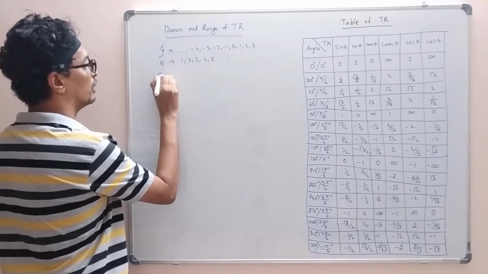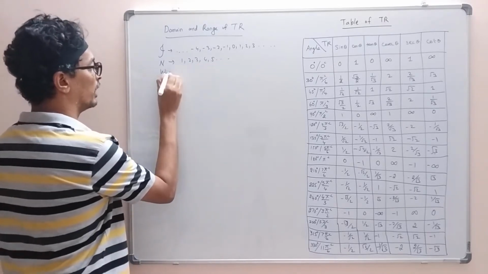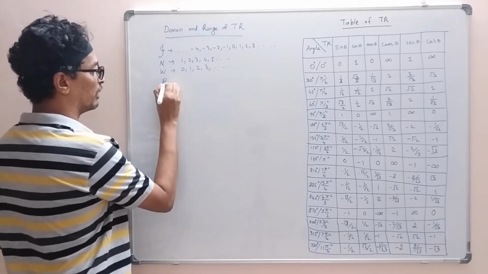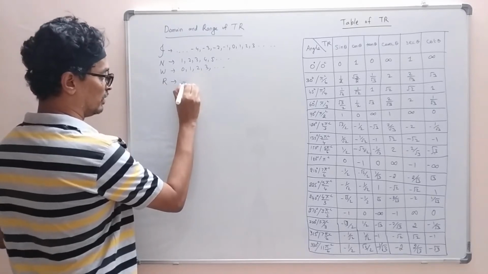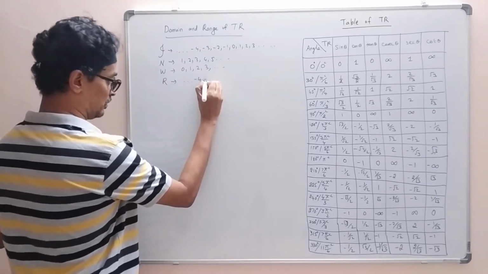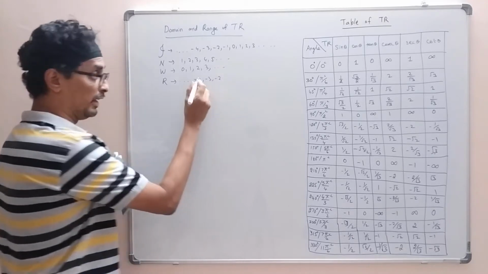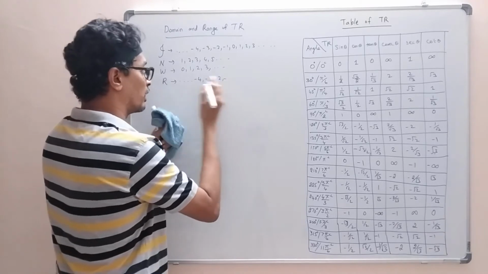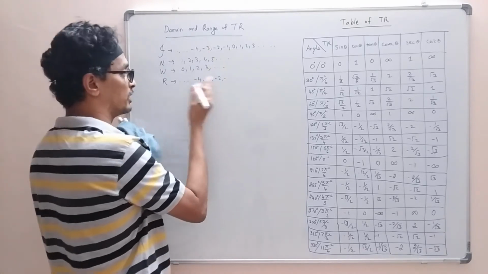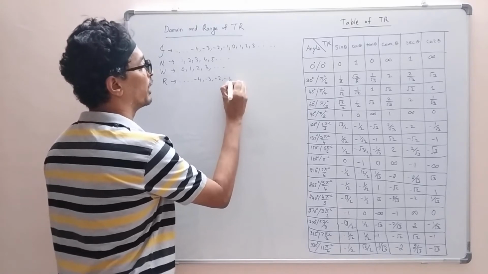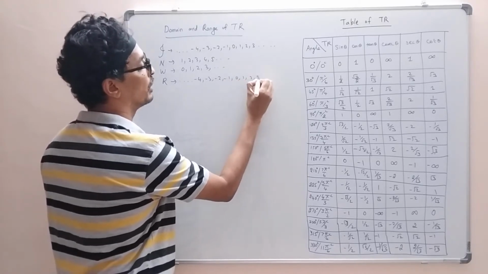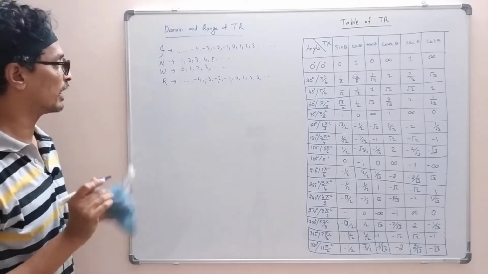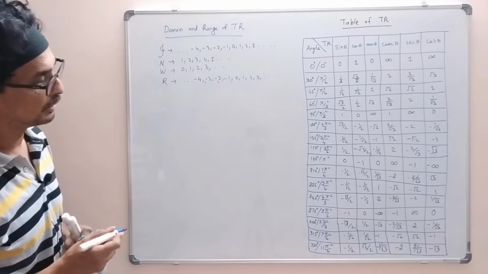Then we have the whole numbers, that is 0, 1, 2, 3, like that. And then we have the real numbers, that is -4, -3, -2, -1, 0, 1, 2, 3, and the fractions in between also. I can't write them all out, as there are infinitely many possible fractions in between. The real numbers contain all the numbers, both rational and irrational.